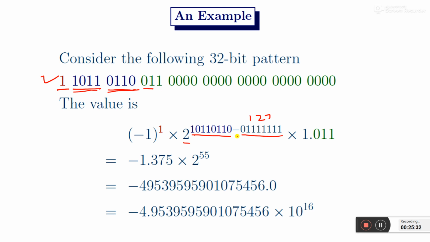So I just have to subtract, and I get 55 here in decimal. I then normalize this number by putting the point here, and I can write minus 4.9 something multiplied by 10 raised to the power 16. So it is my decimal number. What we have done here is convert the binary number to a decimal number.